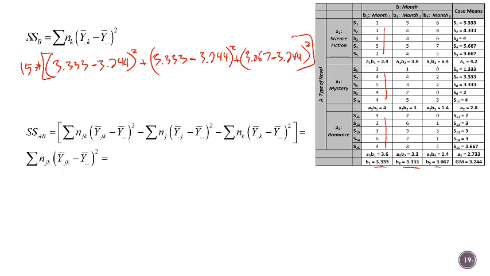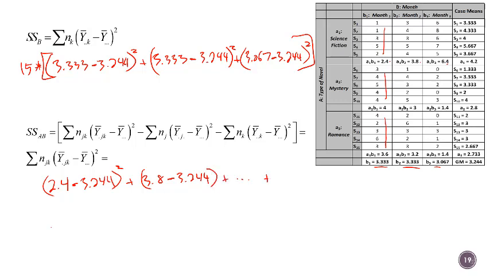And for AB, we'll be looking at each of the cells. So 2.4 minus 3.244 squared, plus 3.8 minus 3.244 squared, plus, and keep doing that.